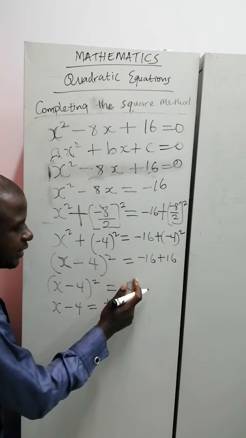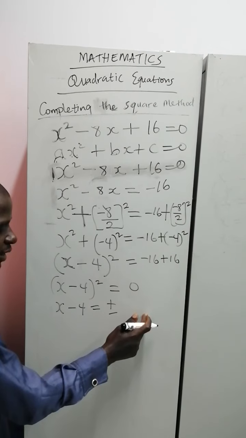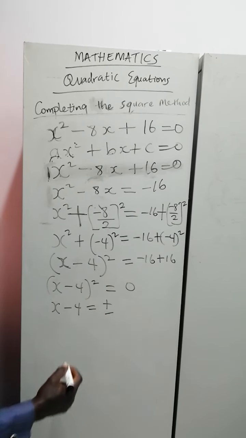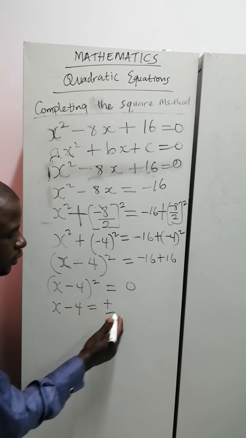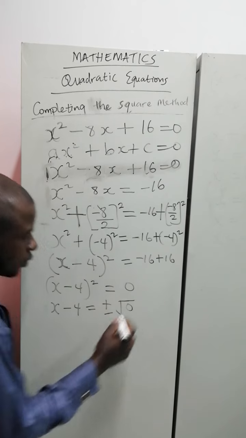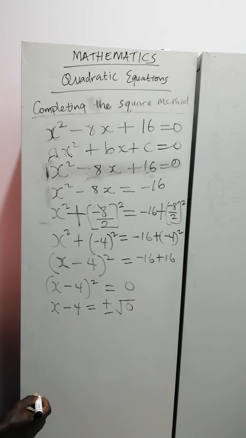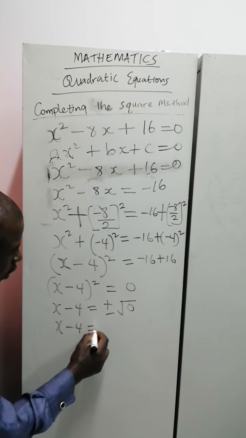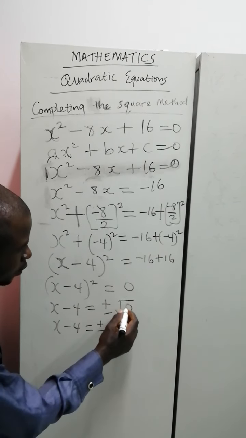By the time we transfer it, it's going to become square root at the other side. And as we are doing that, we have to introduce plus or minus sign. This is plus or minus square root of 0.